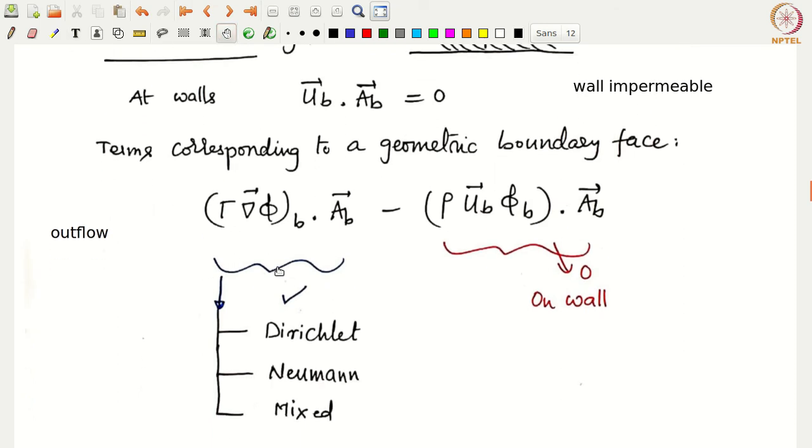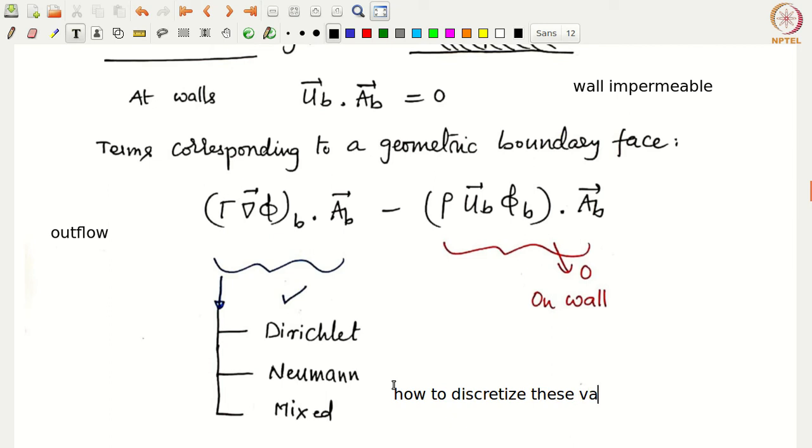What about the diffusion component? The diffusion terms, we know that again somebody has to specify either as a Dirichlet boundary condition, or using a Neumann boundary condition, or using a mixed boundary condition, and these can be evaluated depending on the boundary condition that we already know how to discretize.